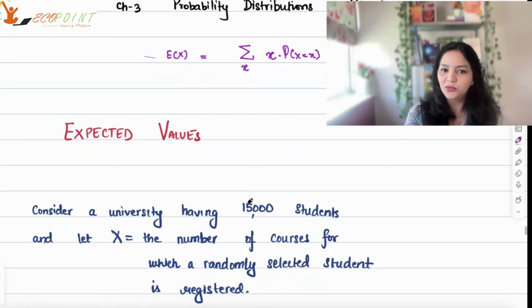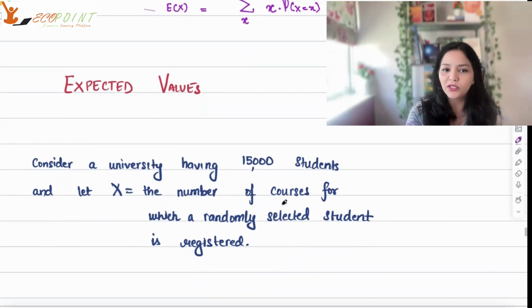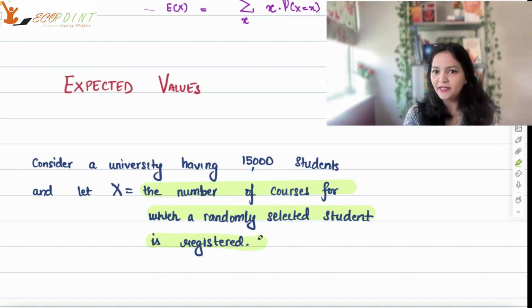Consider a university having 15,000 students, and let's say x, the random variable, is the number of courses for which a randomly selected student is registered. So, you have a choice of registering for a certain number of courses. If we pick any random student, how many courses is this person registering for?